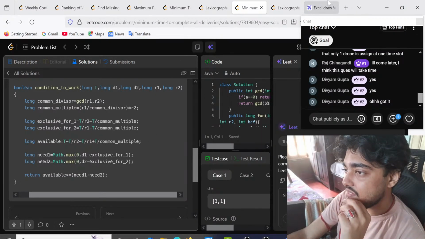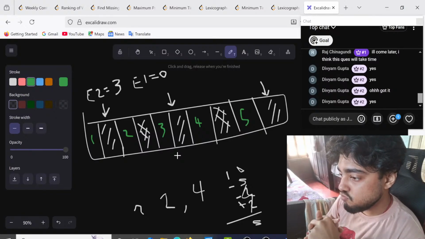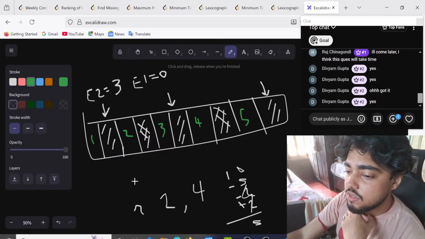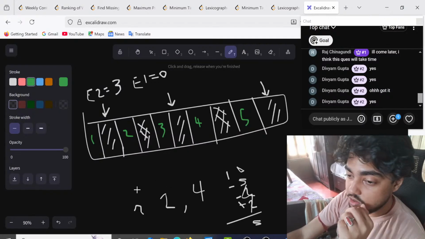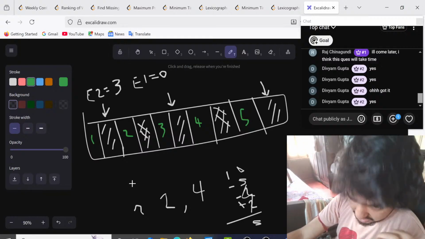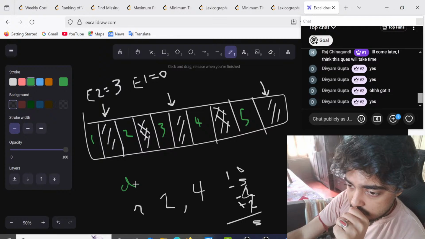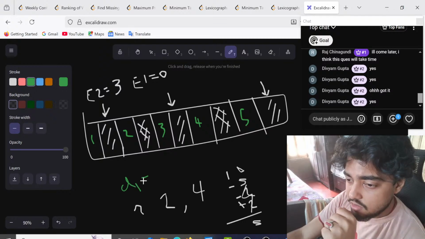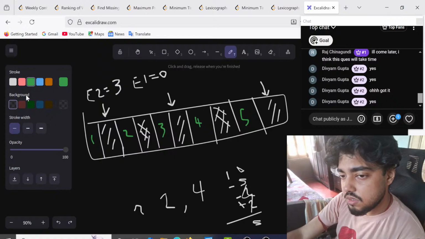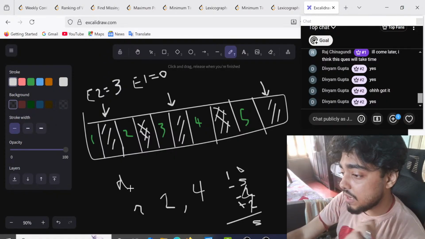D1 minus exclusive for 1. Okay, I'll explain it. Now see, D1 was, let's say, now the value of D1 is going to come. I have to pick some good values for D1 so that I would be able to explain it to you.